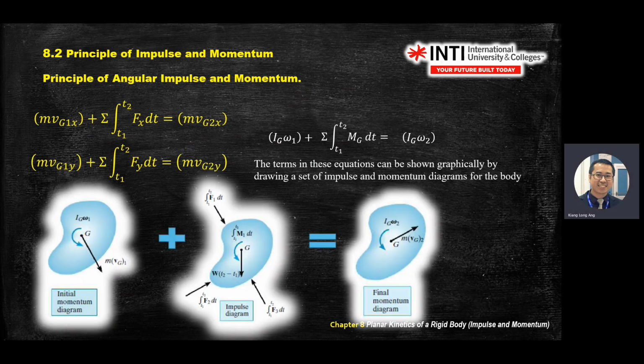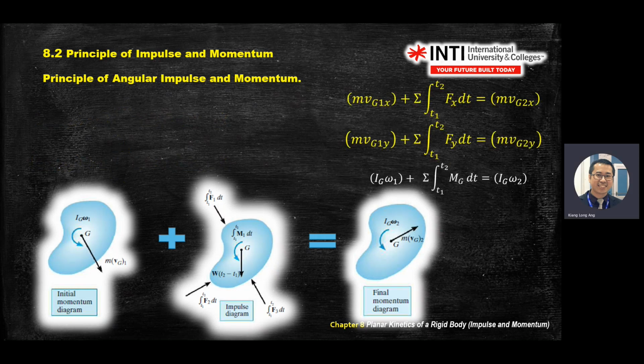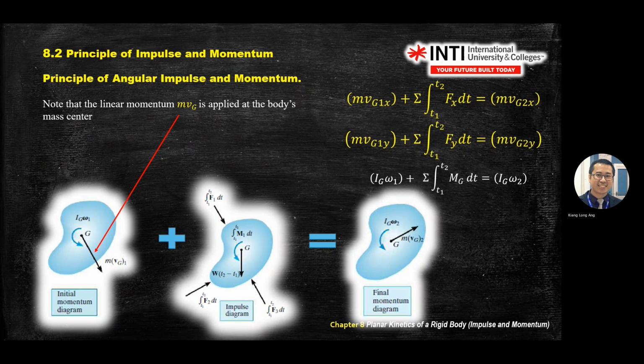The rest is illustration. Important is I will show you how to apply this. So basically for chapter 8, these are the important equations if you want to solve a chapter 8 question: the linear impulse and momentum equation, and the angular impulse and momentum equation.